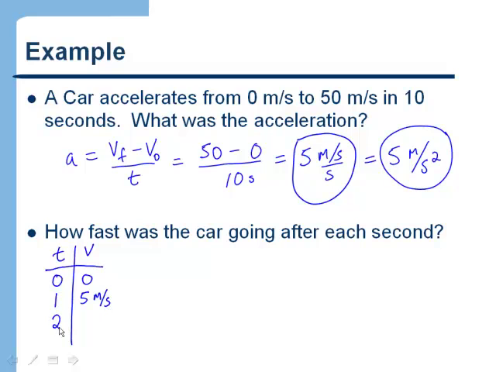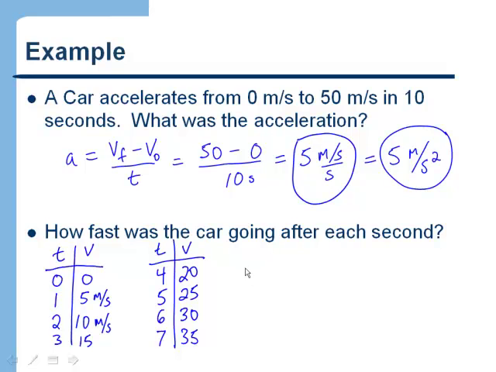After 2 seconds, we've gained another 5 meters per second of velocity. So we'd have a total of 10 meters per second. After 3 seconds, we've gained another 5 meters per second. So we'd be at 15. After 4 seconds, we'd have gained another 5 meters per second. So we'd be at 20. And just keep going.